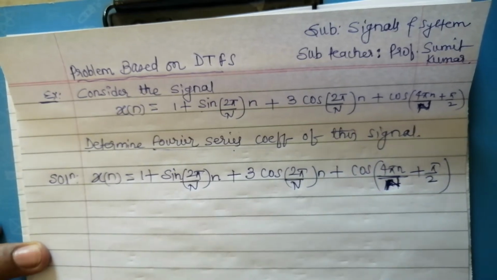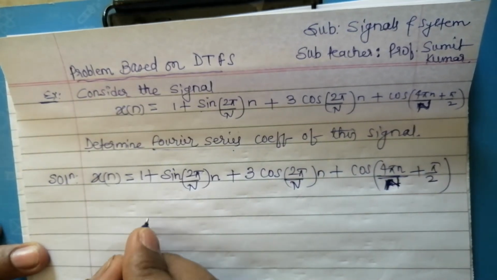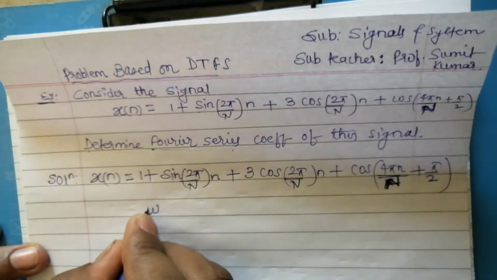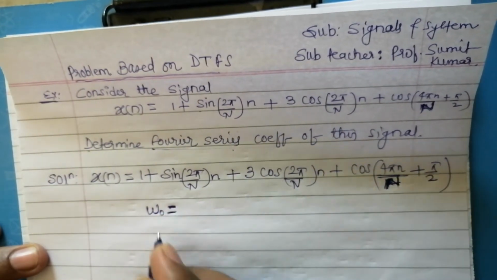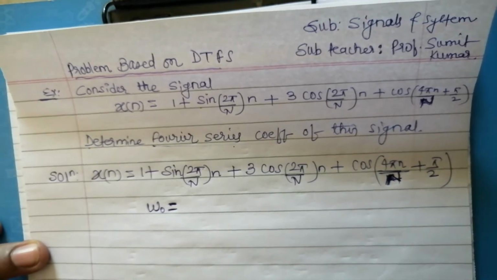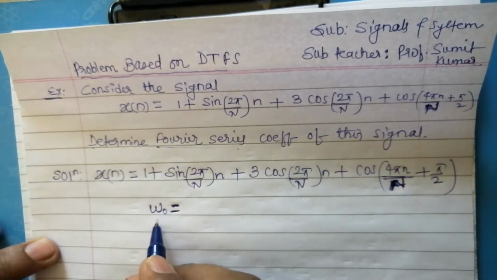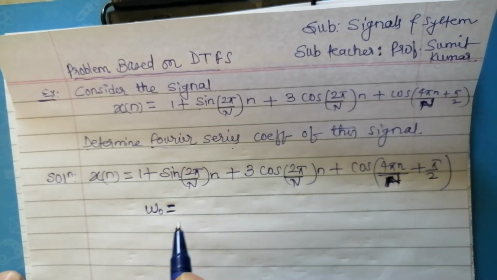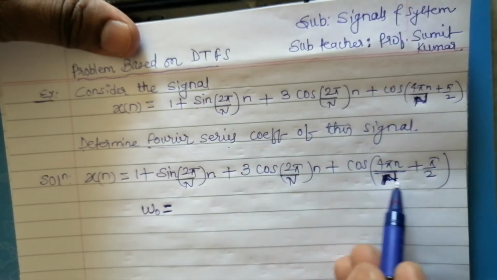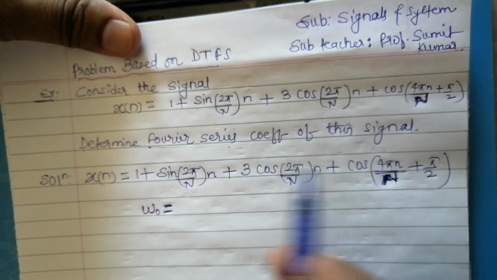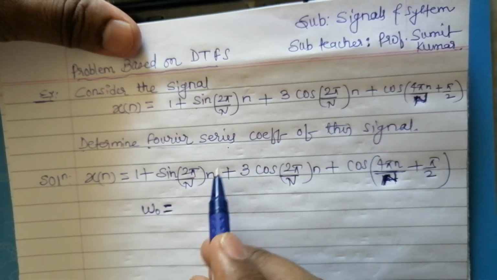The very first step is to decide the omega naught value from the given expression. Previously we have seen how to find this omega naught. Just observe the given expression of x of n.